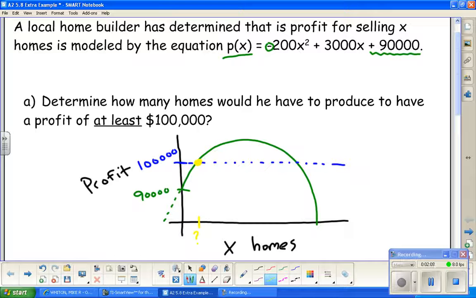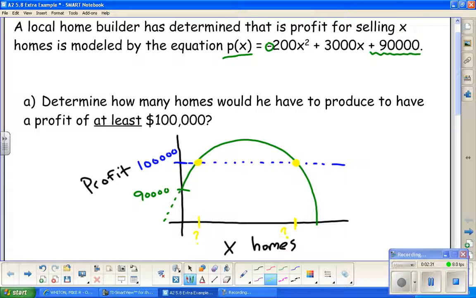If he sold that many homes, his profit would equal 100,000. Then as we go to the right, profit is above 100,000, but eventually we get to this other point here. There's some other number down there where if he gets past that point, his profit would go below 100,000.